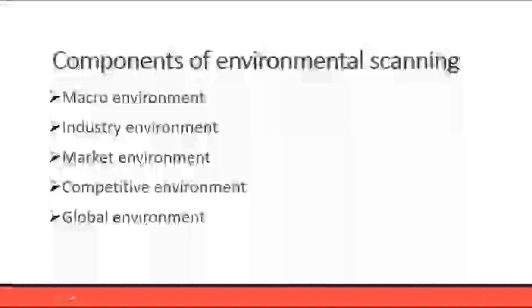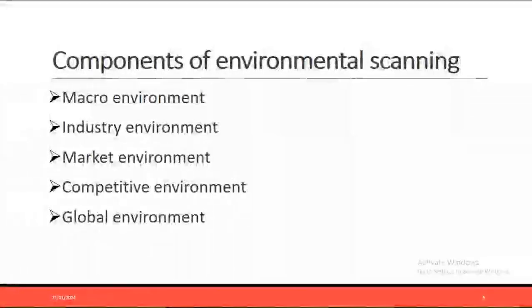Okay, so what then are the components of environmental scanning? Basically, environmental scanning involves a macro environmental scan where the organization focuses on the macro environment which it doesn't have control over. So factors like the technological environment, the economic environment, the political environment, and the legal environment.